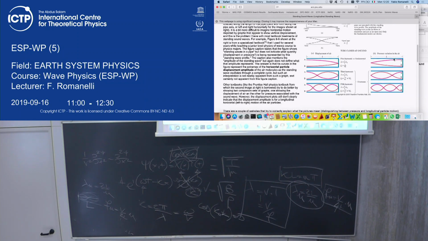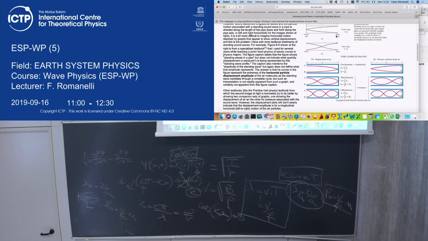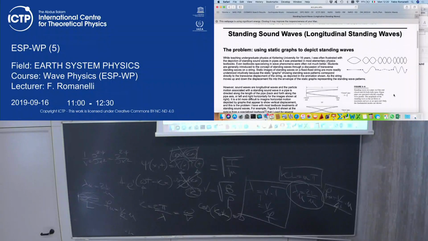You can decide to play here the boundary conditions, open end, closed end, open, open. For the string, oh well, that's easier. Usually it's fixed. 1, 2, 3, 4, forever.